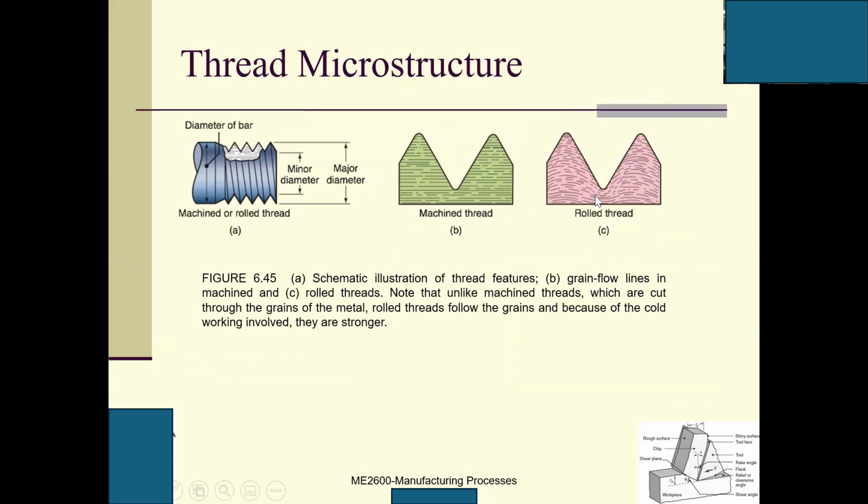But if we roll the threads, we can see, using SEM or other fantastic inspection tools, the root of this thread. These are the grains. But definitely this one is different. Why? Because here you have a higher pressure to have plastic deformation. But machining is just material removal.